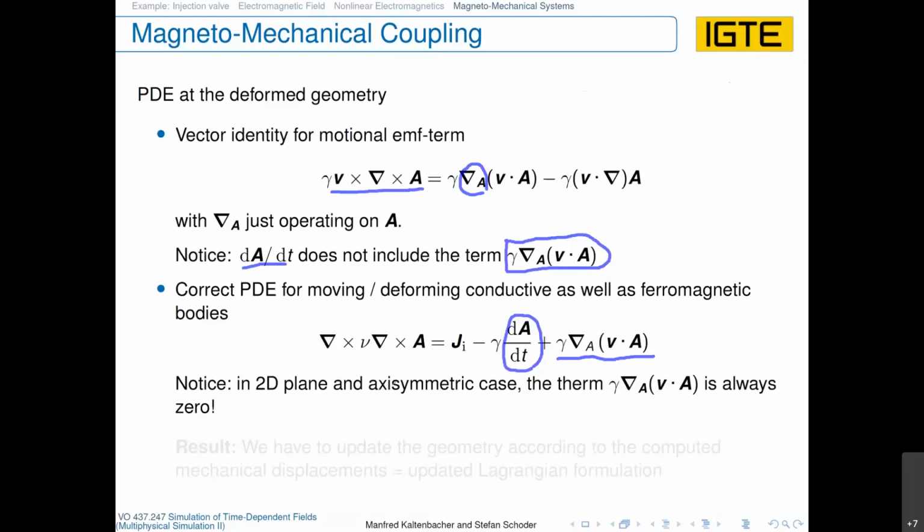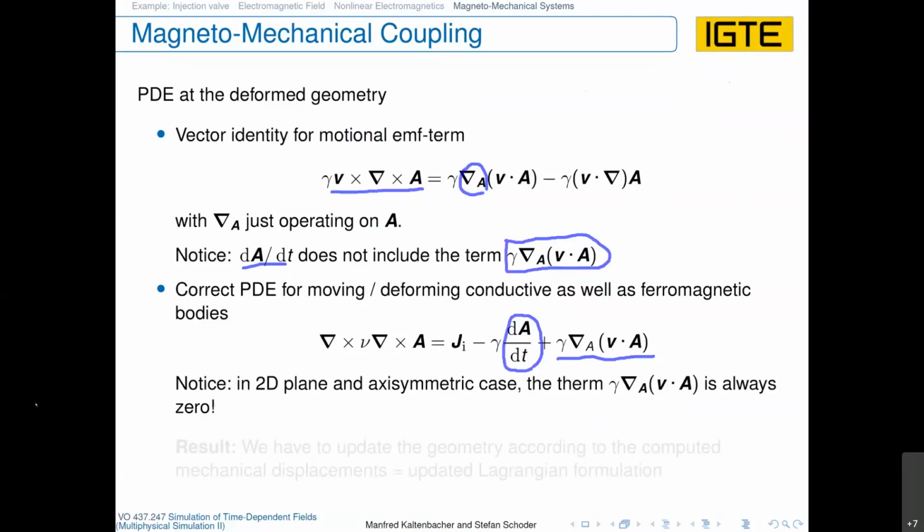And that's the same case for the axisymmetric setup, because there we have a magnetic vector potential just going in circumferential direction, and the velocity just can have an r and z component.